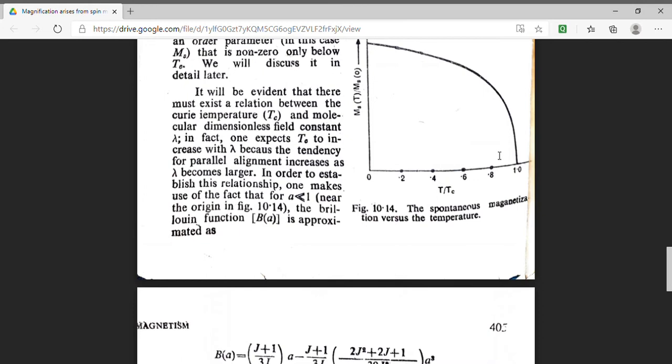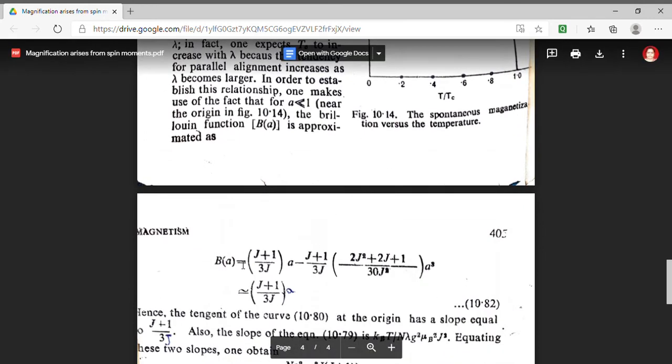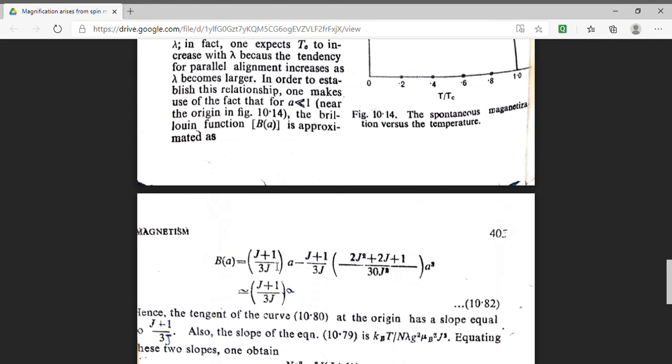Now, we have discussed the Brillouin function. This Brillouin function depends on a. I am writing the expression of the Brillouin function. This is the expression of the Brillouin function, and I am taking a to be very much less than 1. That means we are considering near the origin.